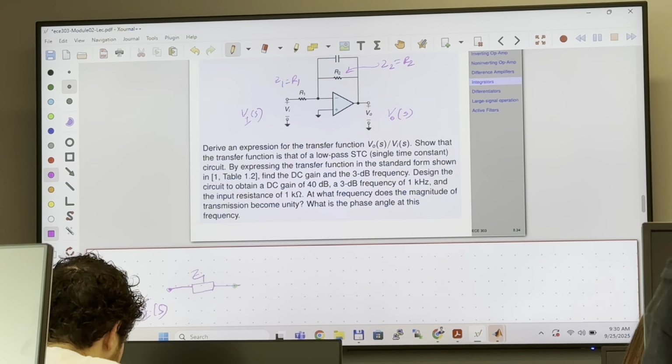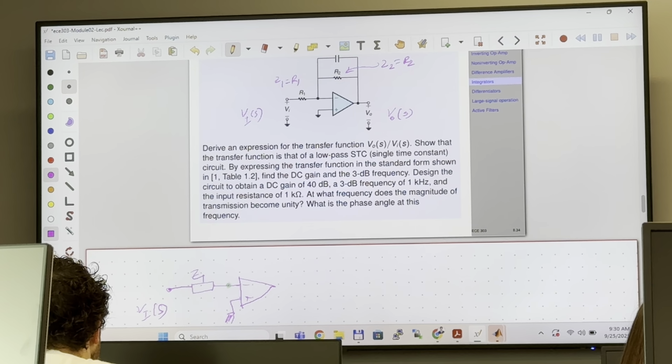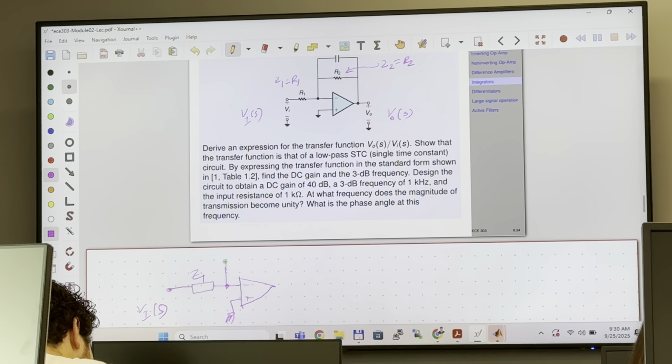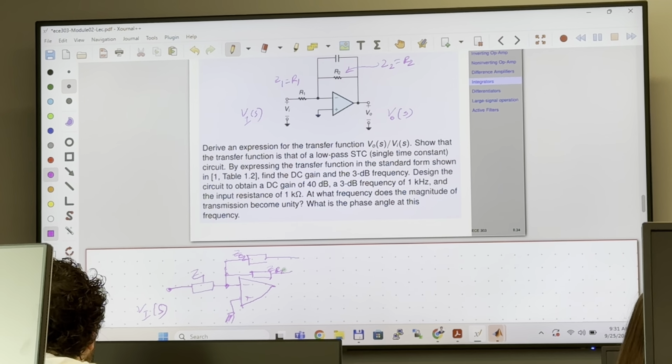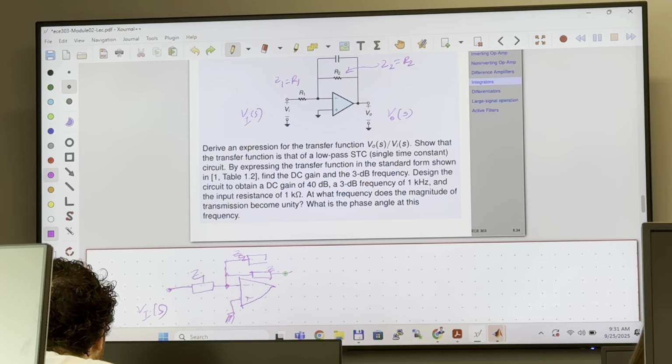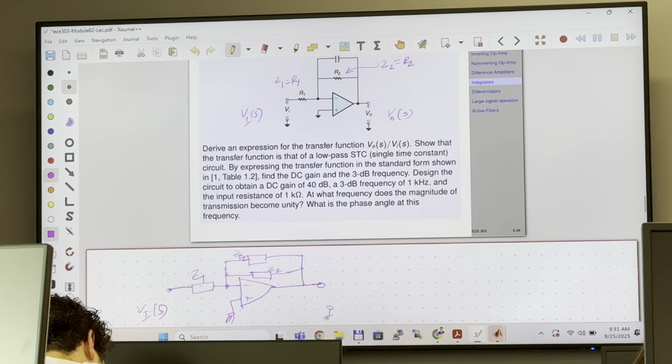This is my Z1, and then we have the negative and positive terminals. The positive terminal is connected to ground, and at the negative terminal we have one impedance here, which I call C2, and another impedance here. I'll connect this to the output, and the output is in the frequency domain.